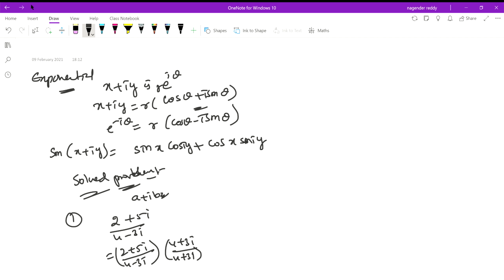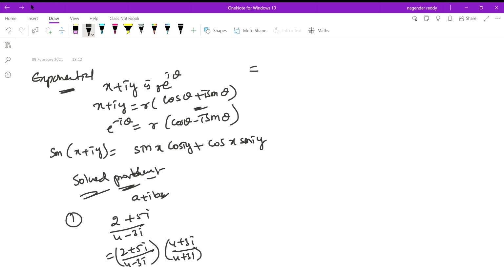Only one concept to learn: in the denominator, we should not have a complex number. If you see a complex number in the denominator, try to eliminate it, using the rationalization factor, the conjugate.